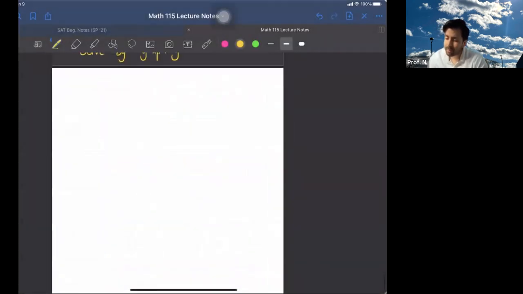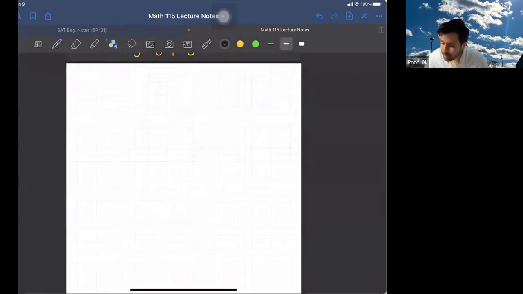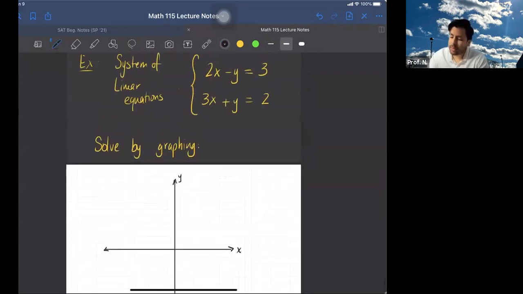I'm going to graph this, right? So I got the y-axis and I got the x-axis. And I'm going to graph each of these lines.